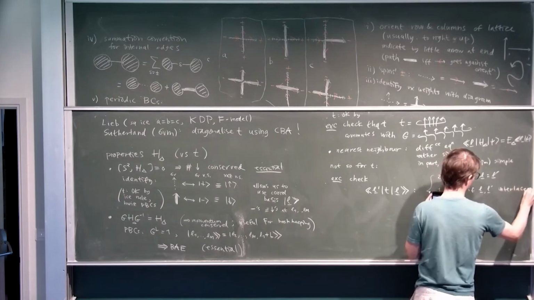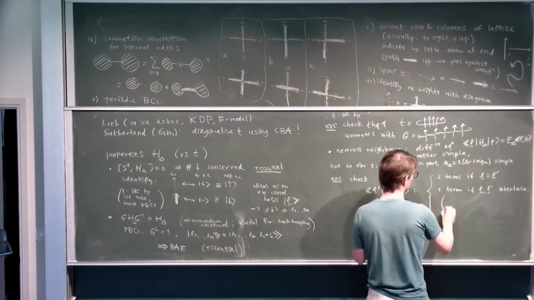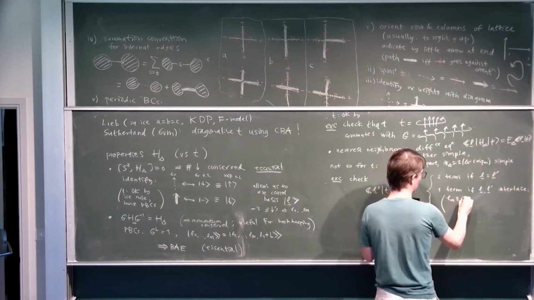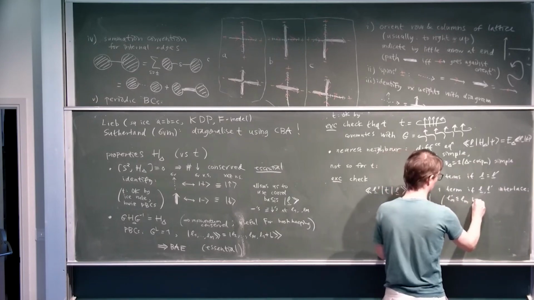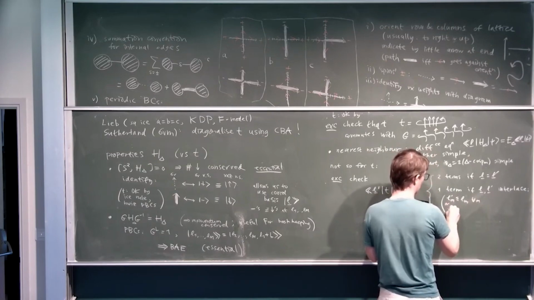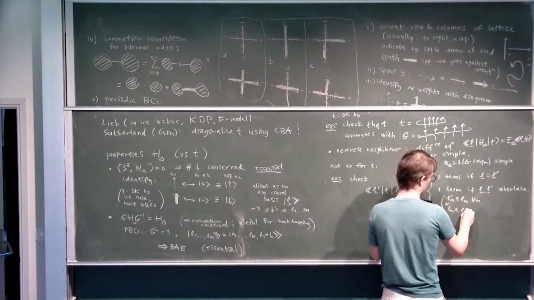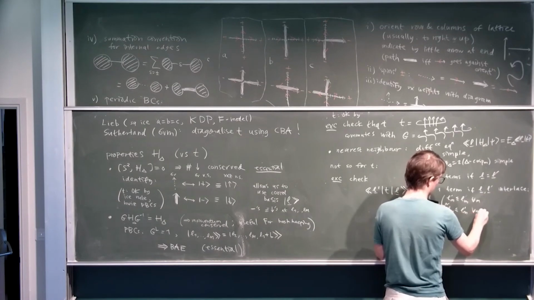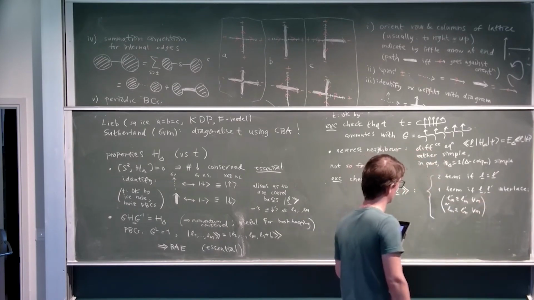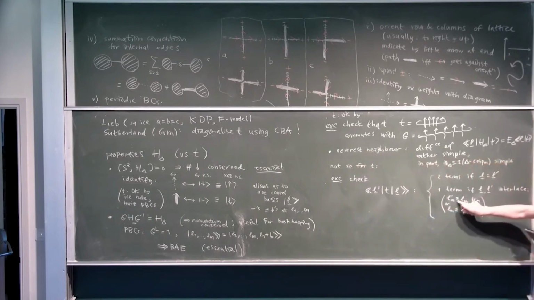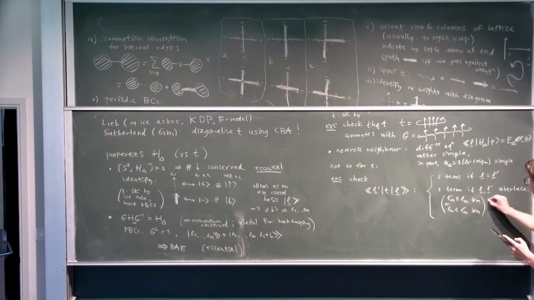So if they interlace, which means the following: either all Lm primes are less than Lm for all m, or the other way around. And here I have inequalities, but not strict. So at least one of them is strict, one strict inequality.